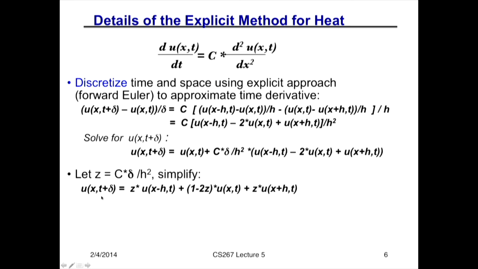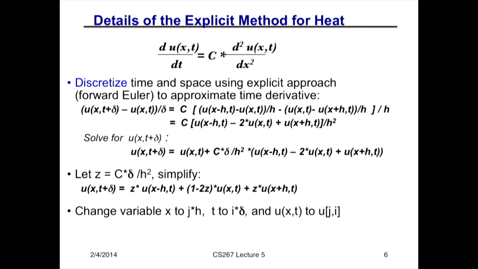So I'm only going to do this at discrete time steps. So just as I did for solving the ordinary differential equation, I only care about x at discrete points, h, 2h, 3h, and 4h. So I'll just change the variable x to be evaluated at j times h. j is an integer. I only want the values at times t equals delta, 2 delta, 3 delta. So I'll let i tell me how many time steps I've taken.